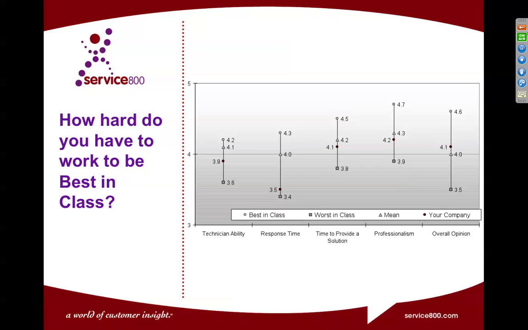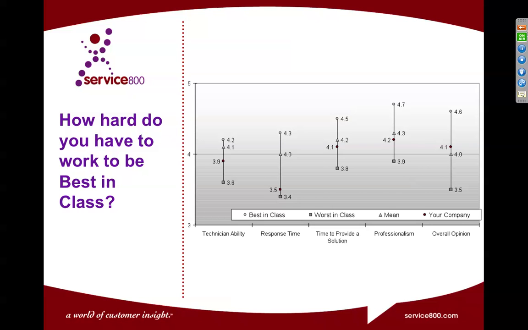So by correlating what is most important to customers and understanding what your performance is compared to the benchmark and compared to how far ahead of the benchmark the best-in-class organizations are, you can lay in your resources to spend your money and to spend your time in the best way.